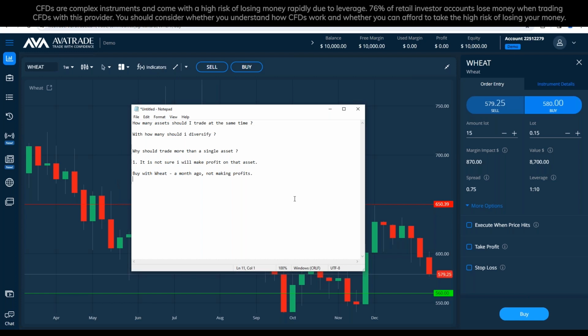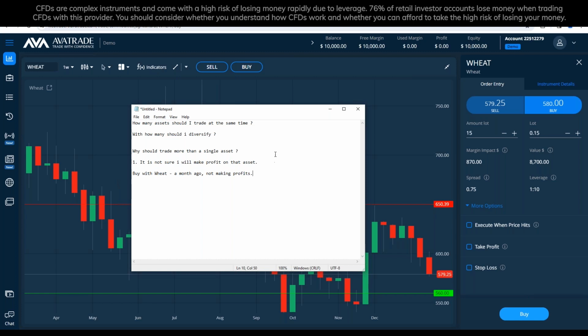Now, as long as my asset is not going to turn around, let's suppose that I took a buy and it went against me. If I take another buy, what can be the result? I'll either lose more or the market can turn around.